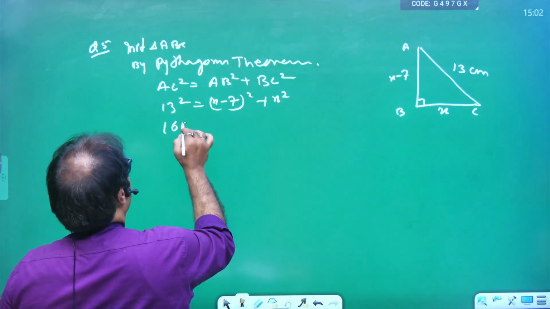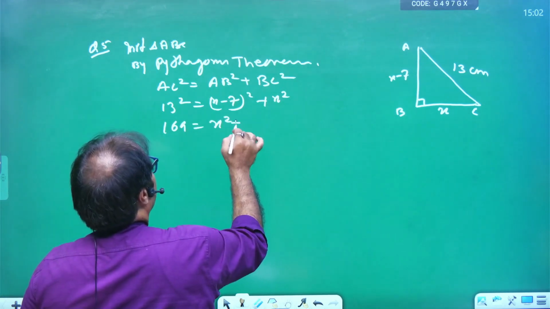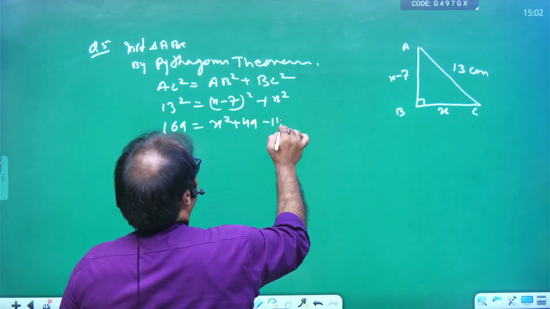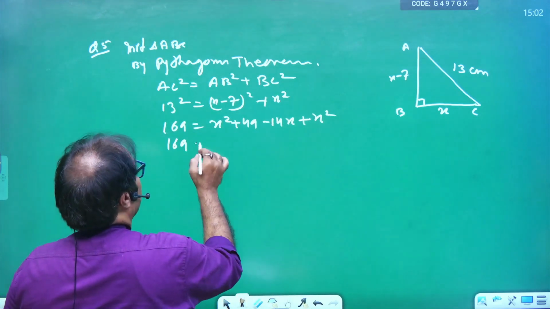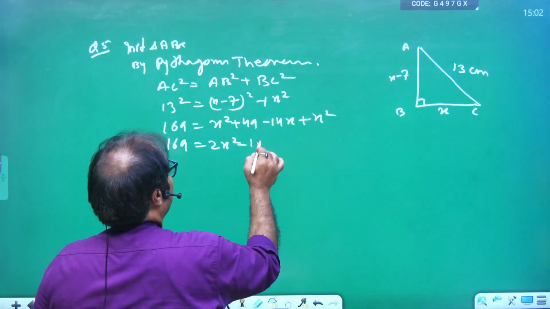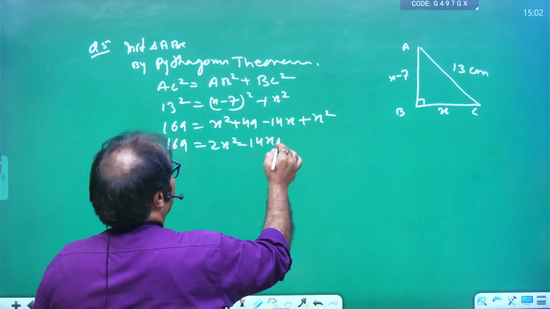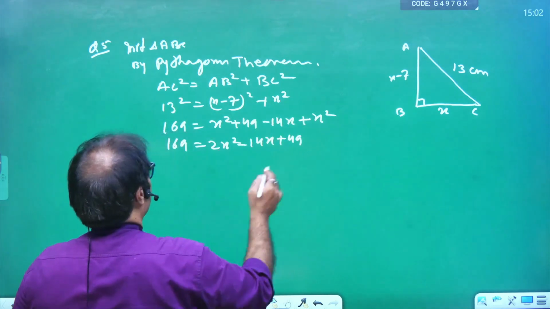So 169 is equals to x square plus 49 minus 14x plus x square. So 169 is equals to 2x square minus 14x plus 49. Now transfer this to the right hand side.